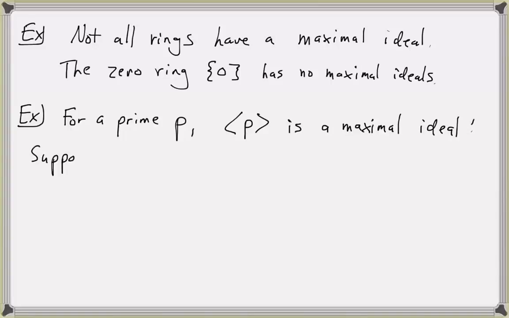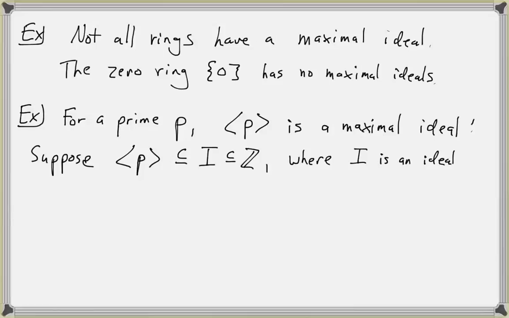Suppose that the ideal generated by p is contained in some other ideal I, which is also contained in the set of integers. Then we're going to show that I will have to be equal to the set of integers.